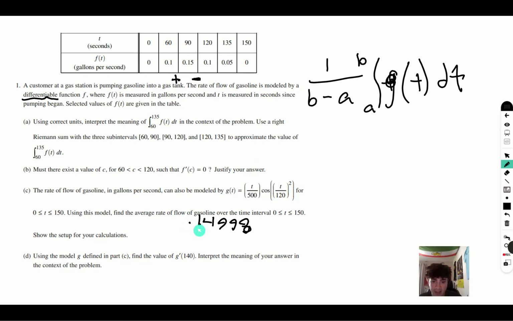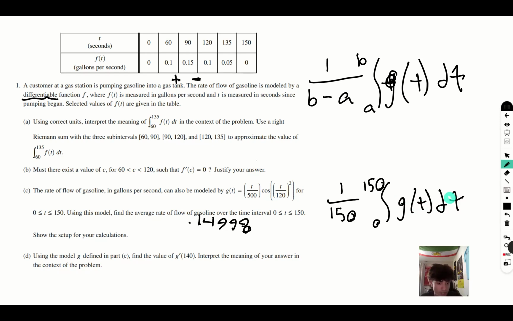I'm going to add that last digit because if I don't, I would have had to round up to 0.15 rather. So there you go. And the way you would have done that is 1 over 150 integral from 0 to 150 of g of t dt. This is how you would show your work.